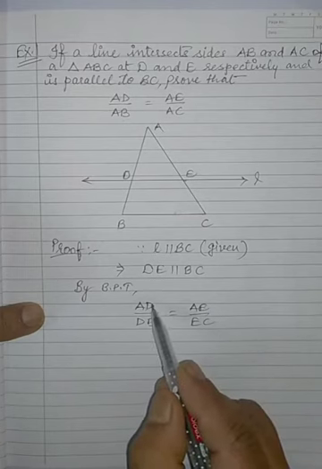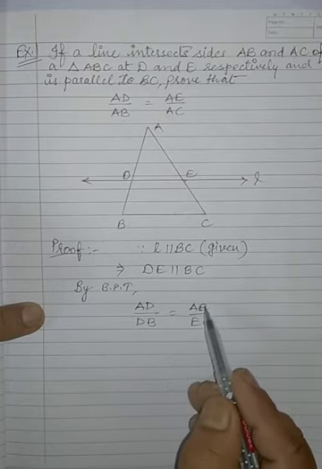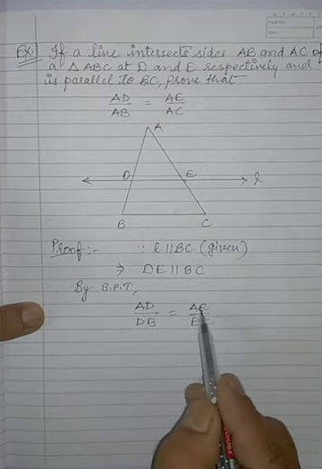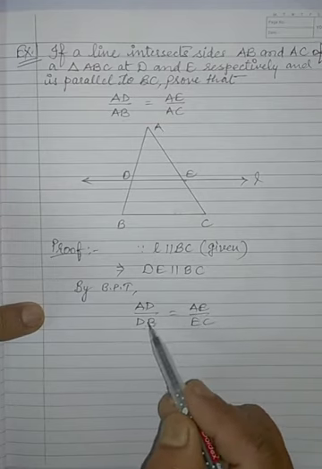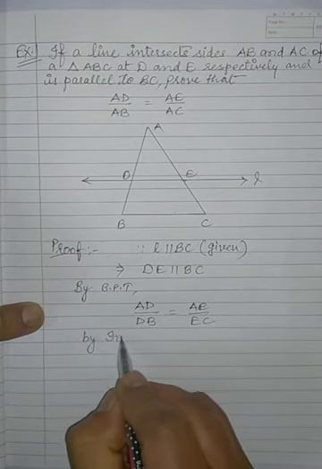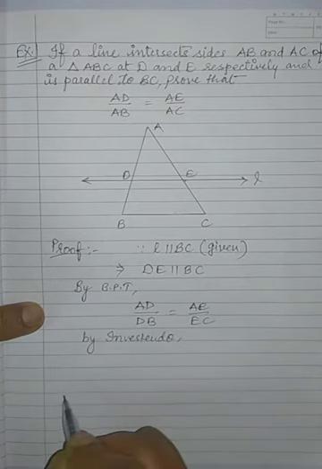The required part should always remain in the denominator. Okay. So as the required parts AD and AE are here in the numerator, we will use the relation of invertendo.